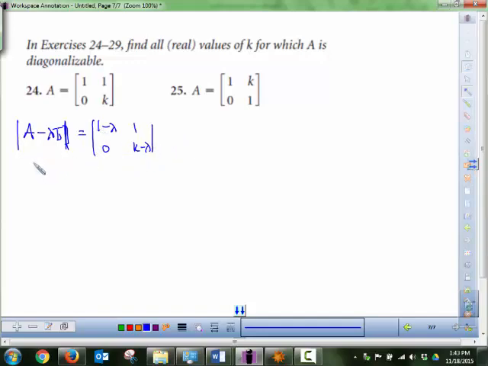The determinant of this is 1 minus lambda times k minus lambda minus, oh, that's 0. Okay. So I think that's it, 1 and k, right? If we set this equal to 0, it's already factored, so lambda is equal to 1 and lambda is equal to k are your two eigenvalues.